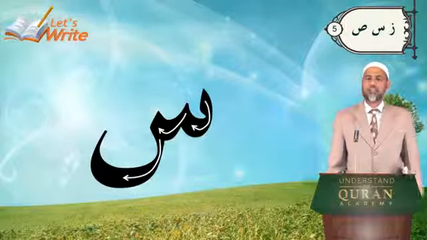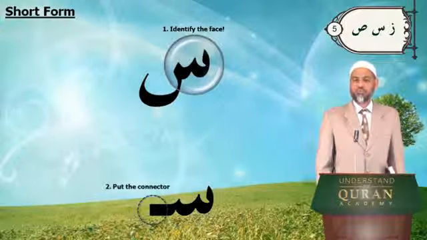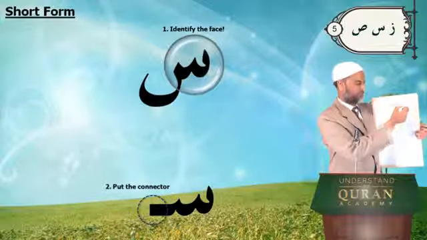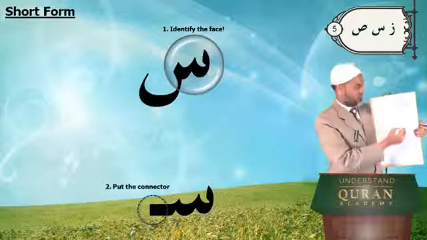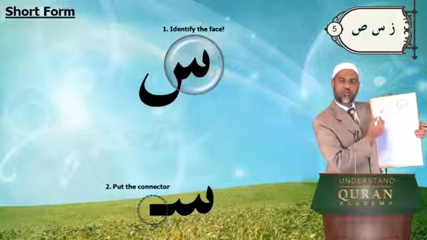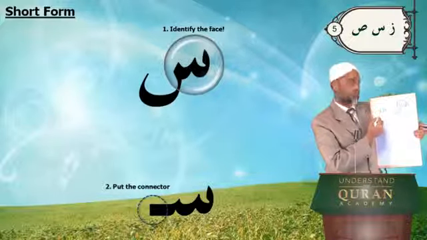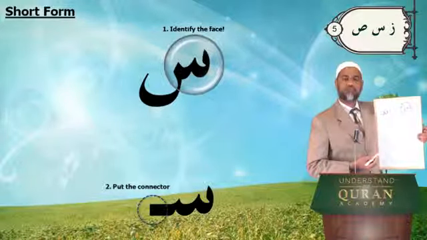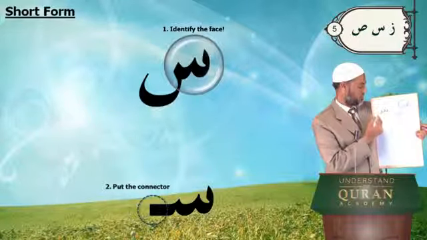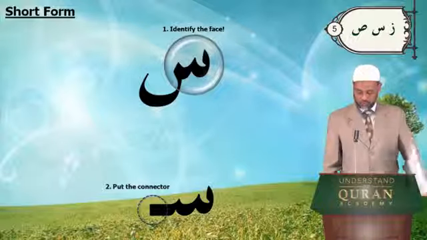Alright, let's get the short form. The short form has two steps. Identify the face. That's the face. So I got the face: a small cup, and it was continuing to a big cup, but I stopped there. That's the face. And then put a connector. Very simple. The face and the connector. That is the short form.